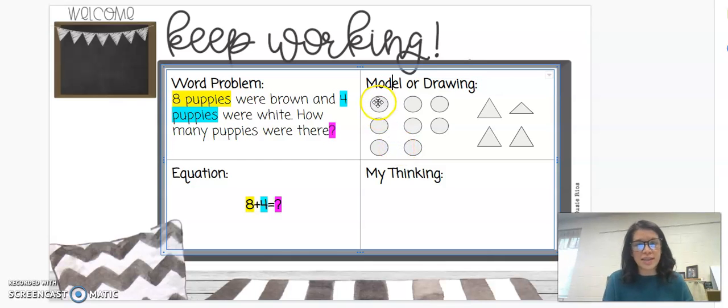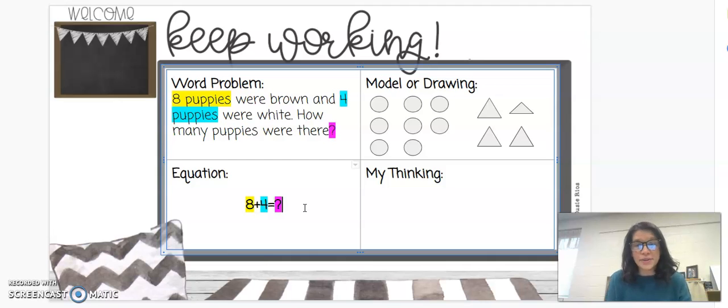So I don't need to count from the beginning. I can just put 8 in my head and then count on the 4 triangles. So 8, 9, 10, 11, 12. From my model, I think there are 12 puppies altogether.